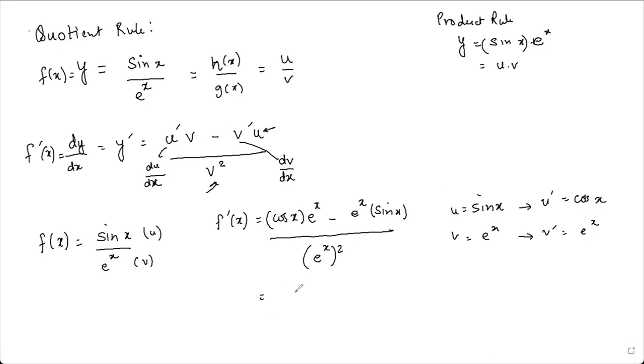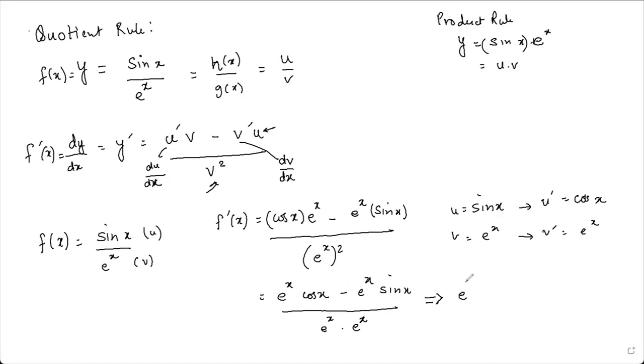I'm just going to tidy this whole thing up. e power x multiplied with cos x minus e to the power x multiplied with sine x over e to the power x squared, which is basically e power x multiplied with e power x.